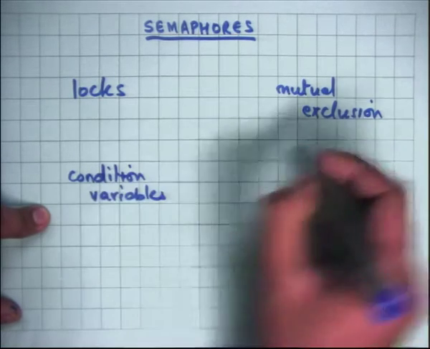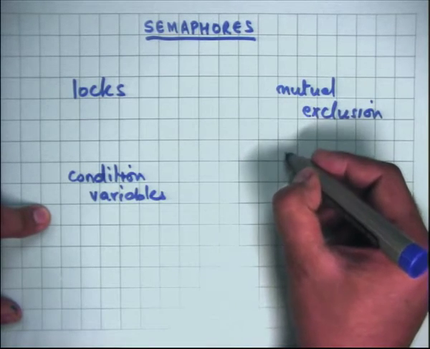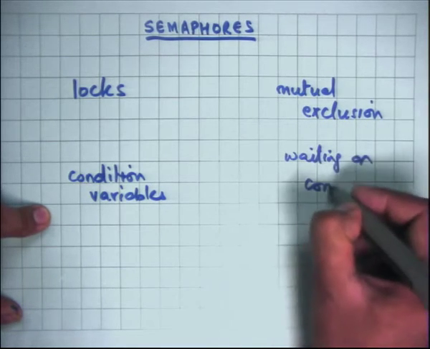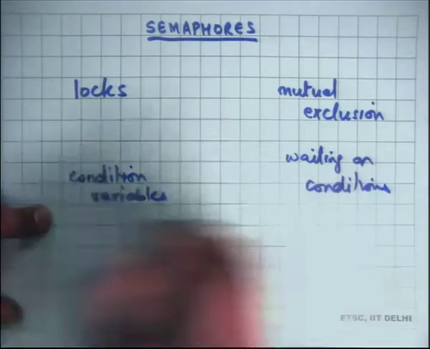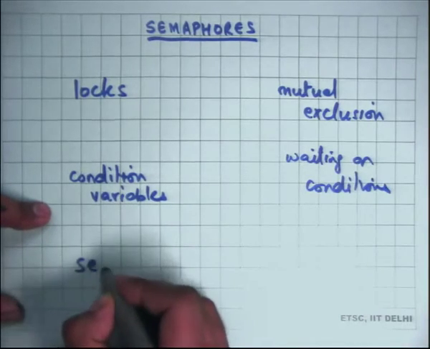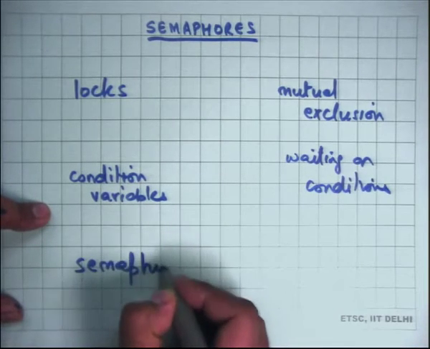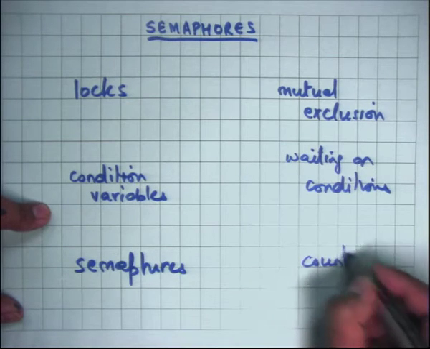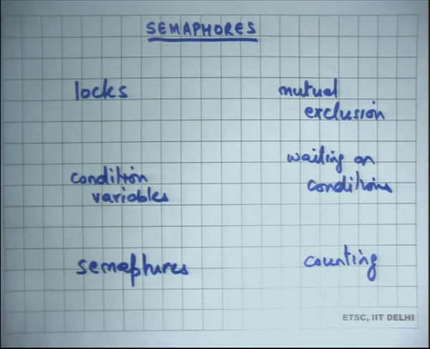These were basically associated with conditions, so waiting on conditions. Right. Semaphores is yet another abstraction, most concisely described as something that enables you to count. All right, and I'm going to discuss exactly what semaphores mean.